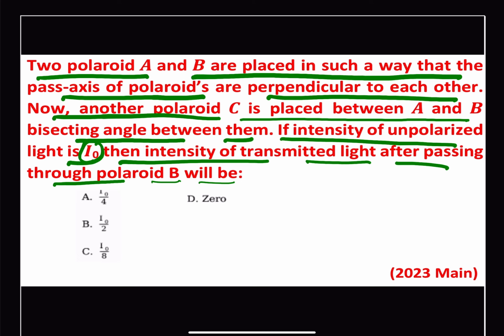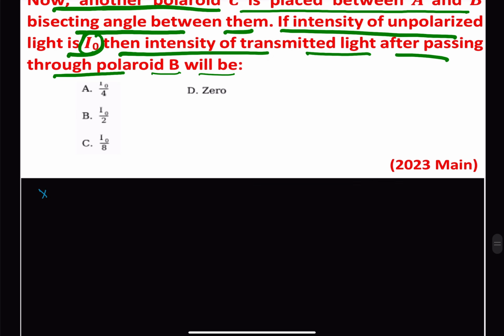Unpolarized light is given as I0, and the first polaroid is our A. For polaroid A, its intensity IA will be equal to I0 by 2.